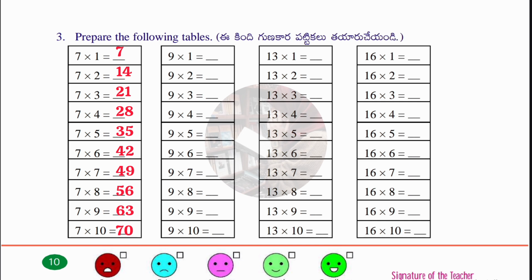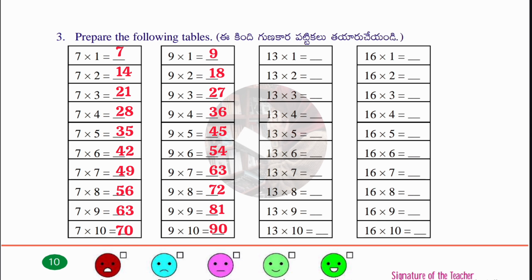Like that, the 9 table. 9 1s 9, 9 2s 18, 9 3s 27, 9 4s 36, 9 5s 45, 9 6s 54, 9 7s 63, 9 8s 72, 9 9s 81, 9 10s 90.